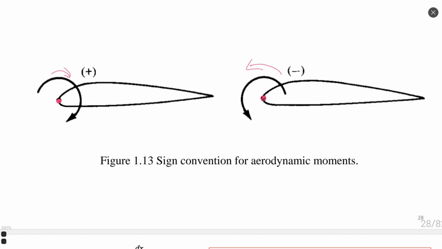This is valid for any point. For example, we choose 1/4 chord and we see in which direction it rotates. This clockwise direction is positive.